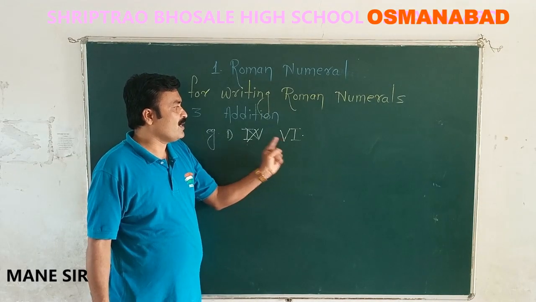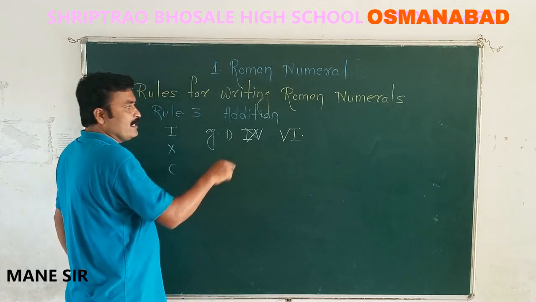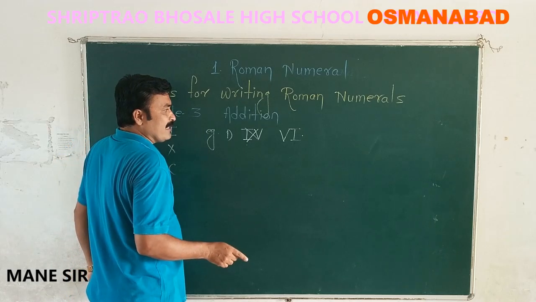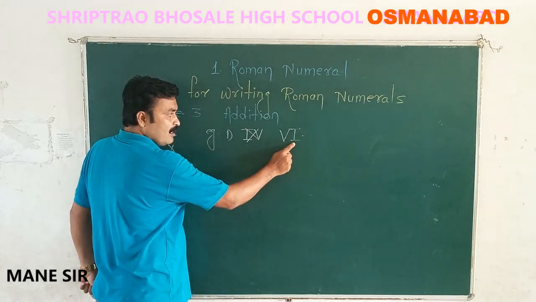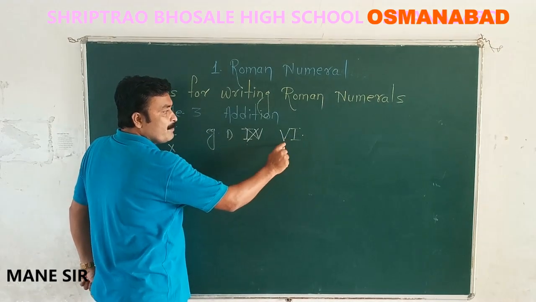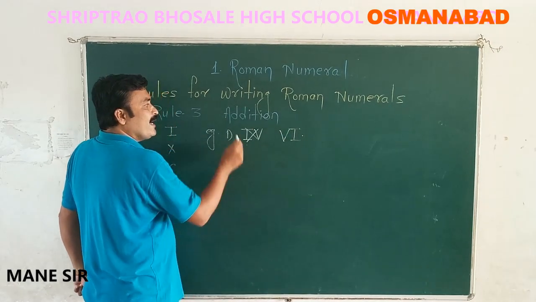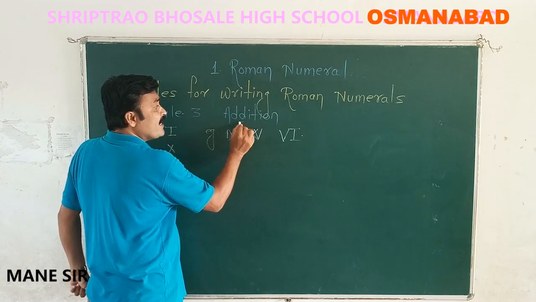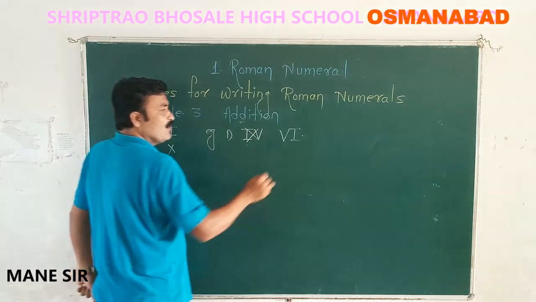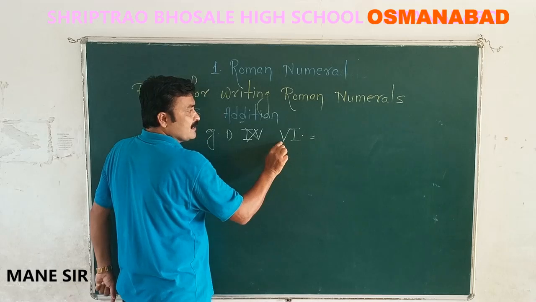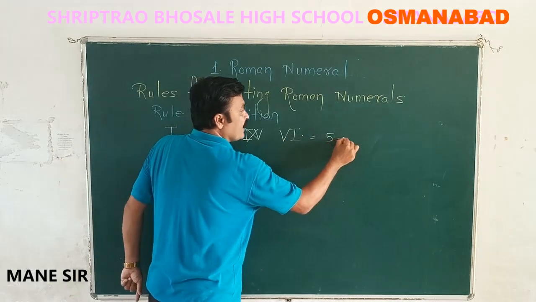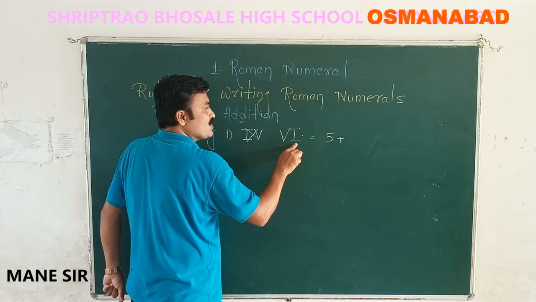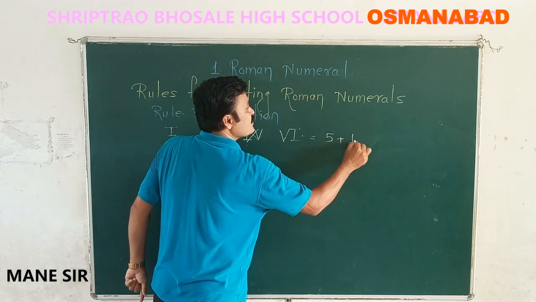In this condition it is stated that when we write a smaller numeral after a bigger numeral, it shows the addition process. The value of V is 5, and the value of capital I, we know, is 1.